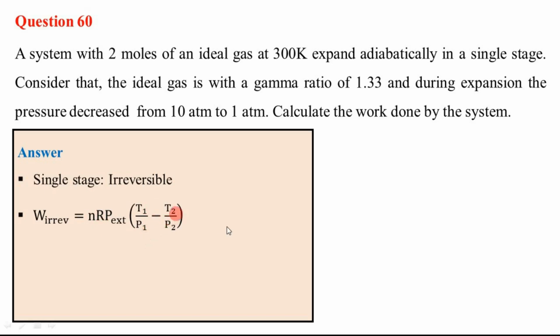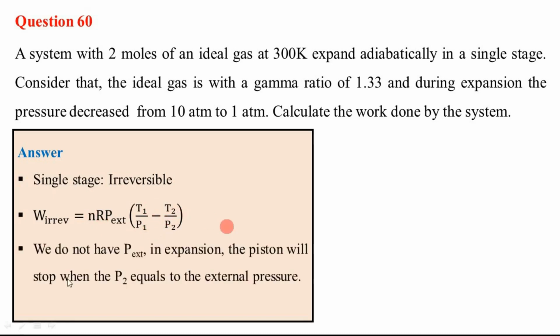What do we have? We do not have the external pressure. But in an expansion, the piston will stop when the external pressure is equal to P2. At the end of the expansion, the final pressure P2 is equal to the external pressure. So we can assume that P2 is equal to the external pressure.